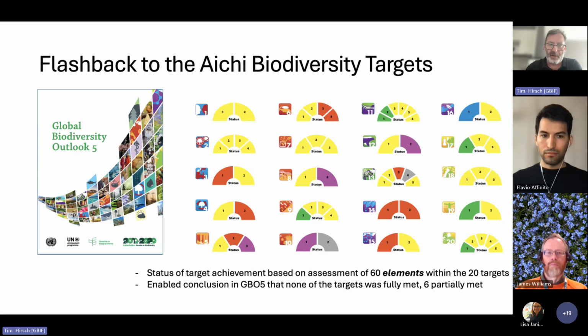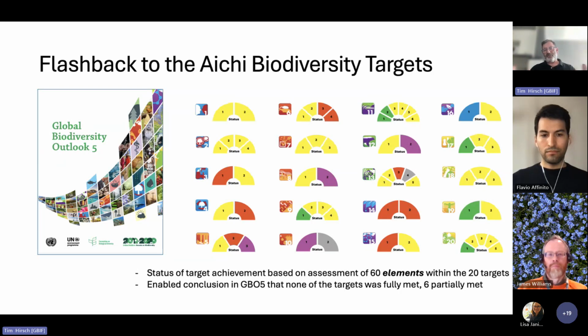And looking at the color coding here, just as a reminder, if an element of a segment is red, it means essentially there was no progress to 2020. If it was yellow, there was progress, but not sufficient to meet the target. If it was green, that element of the target was said to have been achieved. Blue, in fact, is where there was overachievement, and purple is where things were judged to have got worse over the decade.